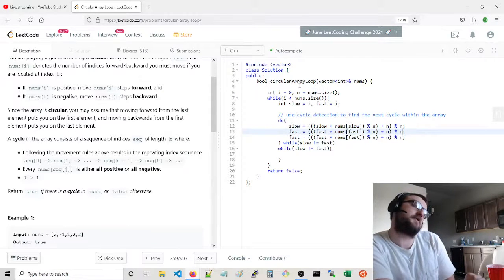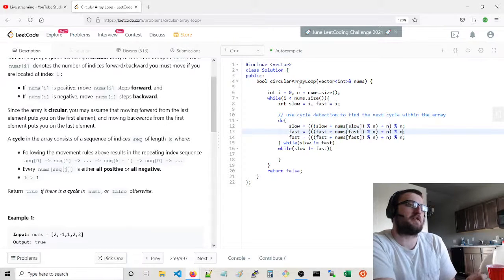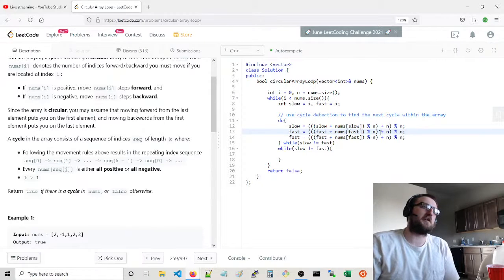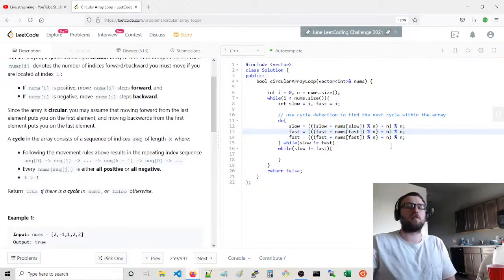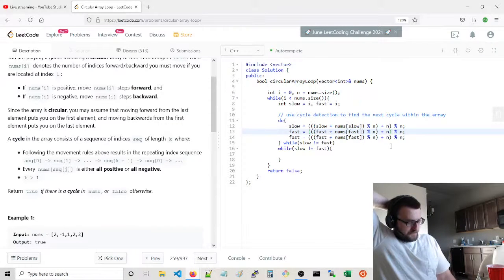Position 3 minus 1,000 is negative 997, which we take modulo 5, which is negative 2, I think, and then we add 5, and that puts us back at 3. Which is exactly what we'd expect.